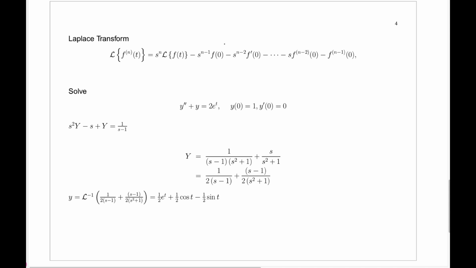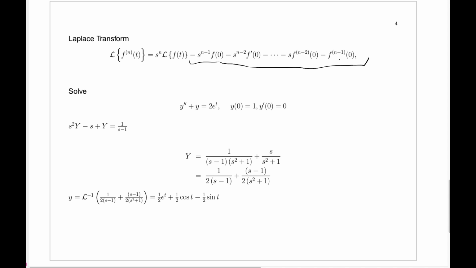Now, before we see an example of this, notice that all of this is information that we would know if we want to solve an nth order linear differential equation with an initial condition that tells us, say at 0, what f of 0 is, f prime of 0, all the way up to the n minus first derivative of f at 0.